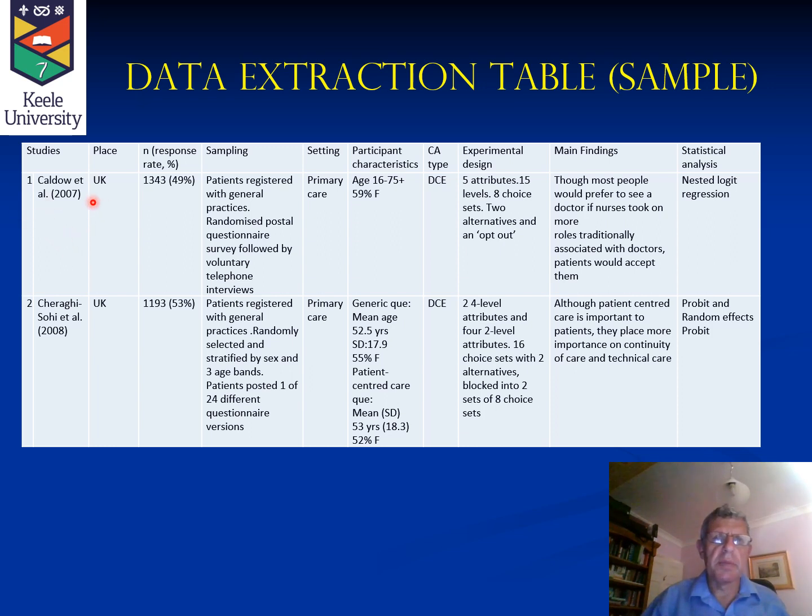And we can see the type of information: how the sampling was done, the age characteristics, how many levels and attributes there were, just some indication of the main finding. There's more detail later on, and the type of statistical analysis. This table is just really to provide background information for the reader before proceeding to more detailed analysis.